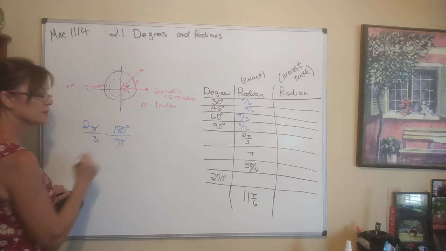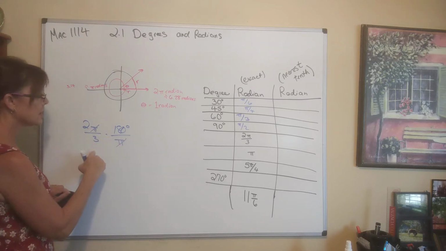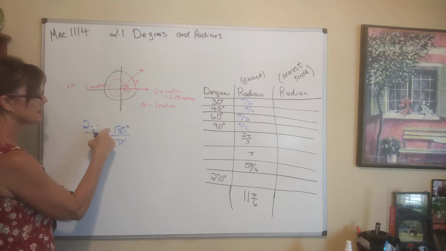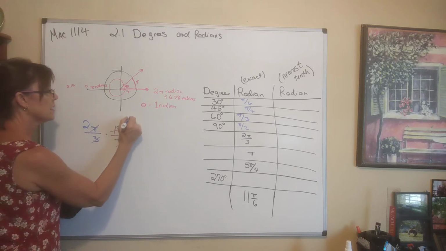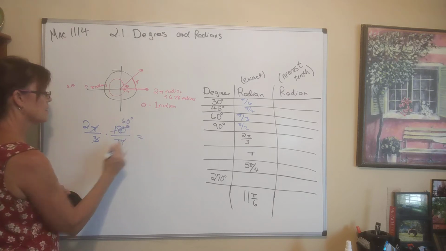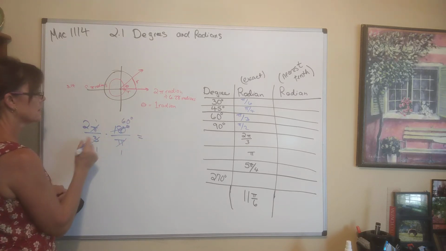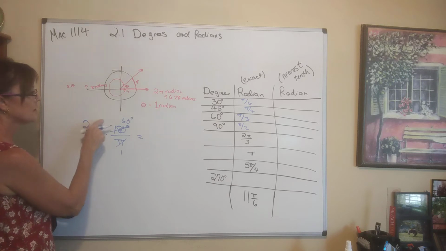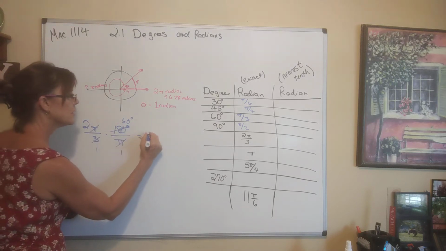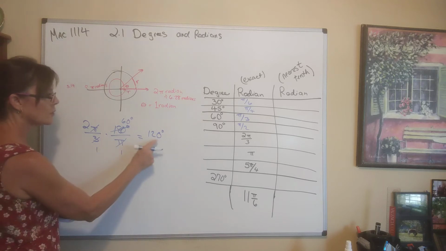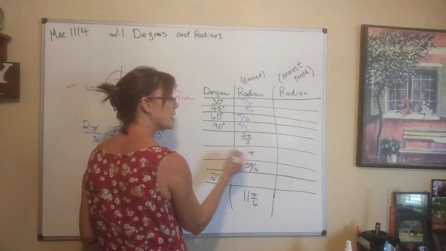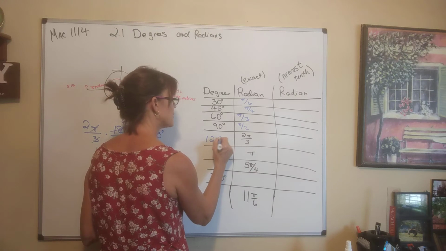The pi's will cancel. 3 will go into 180 60 times. And so then I just have 2 times 1 times 60 is 120 degrees over 1, or just 120 degrees. 2 pi over 3 converts to 120 degrees.